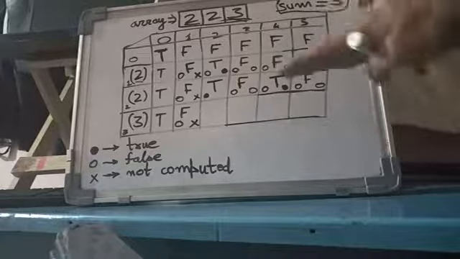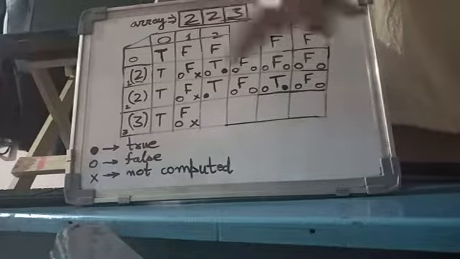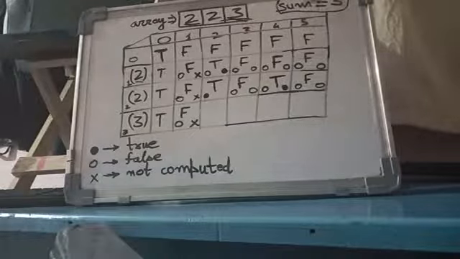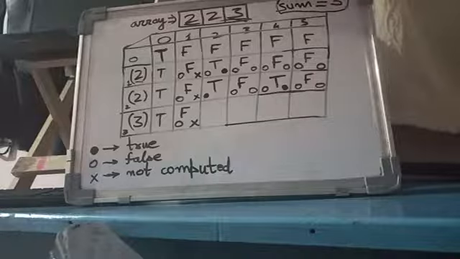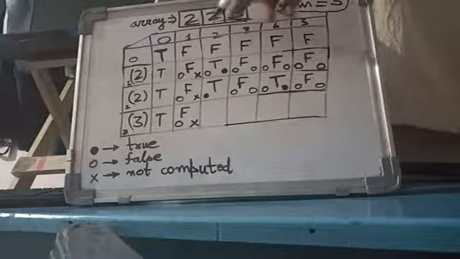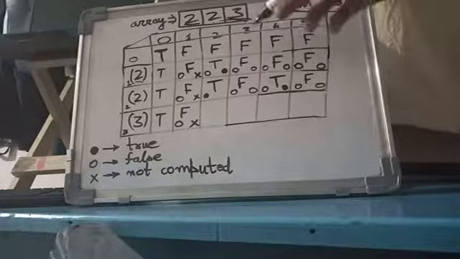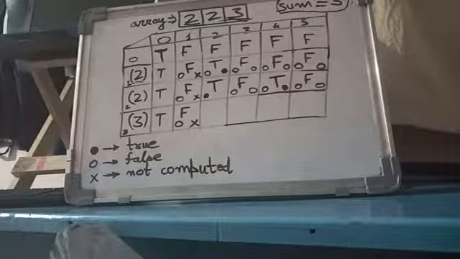So we have to find if there exists a subarray or subset of this array with sum 5. As you can see, we can take 2, 3 as a subset of this array whose sum would be 5, and also 2, 3 here is a subset whose sum would be 5.